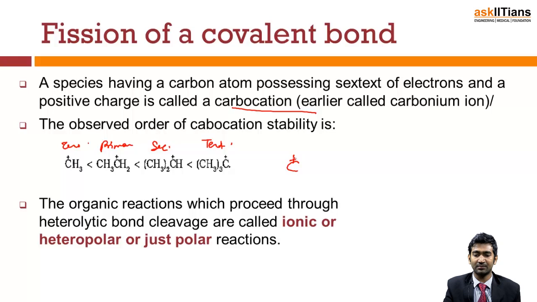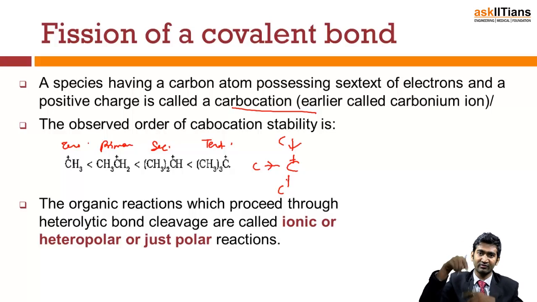Because I have this C plus and I have three carbons here, and these methyl groups are electron donating groups. In the sigma bond they donate electrons, and if they donate, then obviously the positive charge on that C plus will get balanced. That's why tertiary carbocations are more stable.